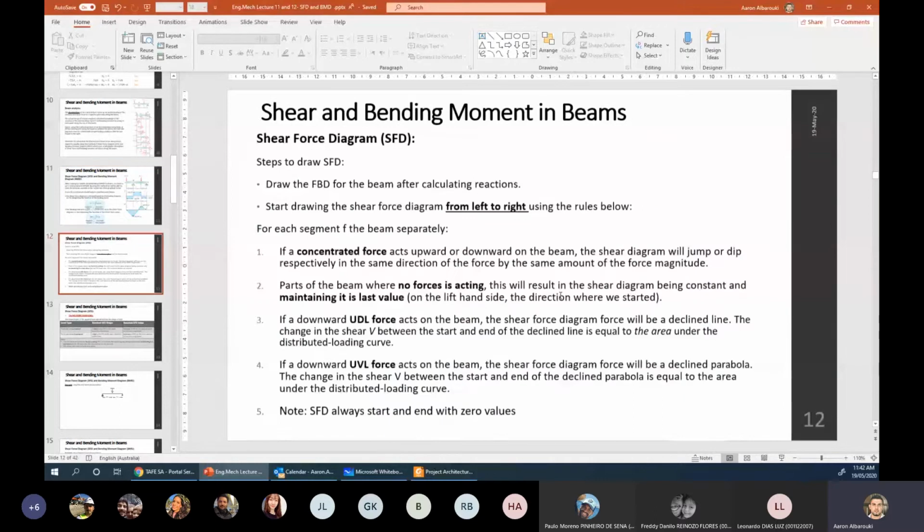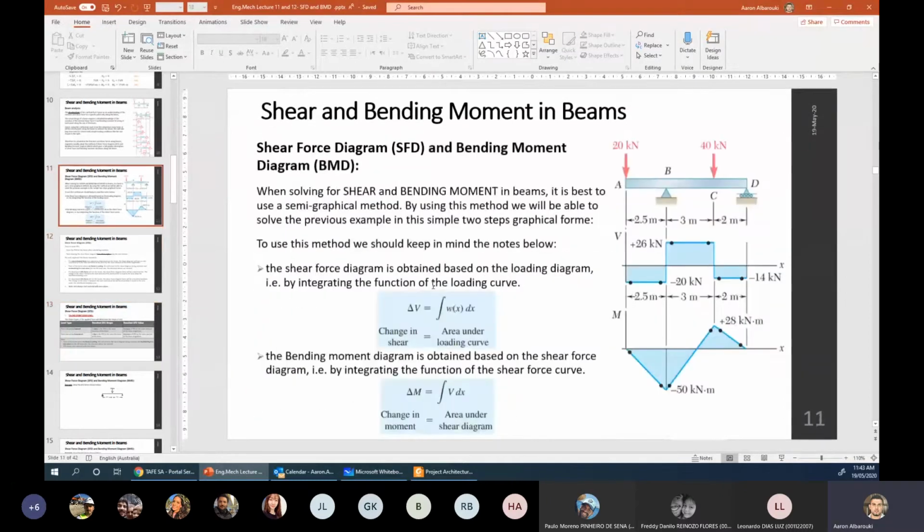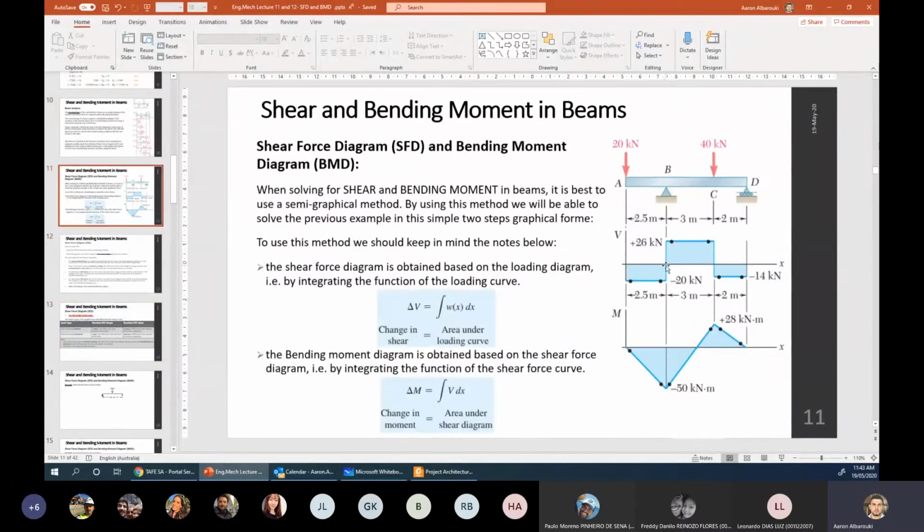The first rule we learned: if we have a point load applied to the beam, that point load for the shear force diagram will create a jump or a dip. In other words, that will make the shear force diagram go up, like here, what we have on the reaction, or down. That's a dip and that's a jump. Going vertically down or vertically up.